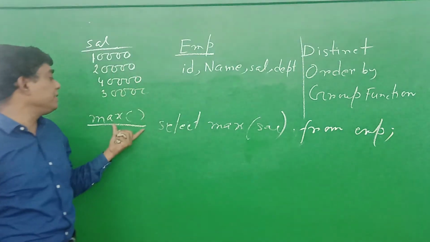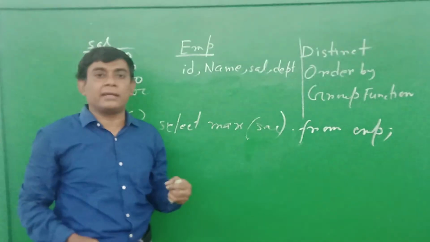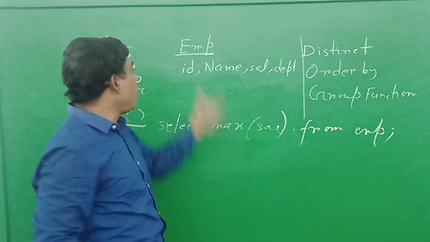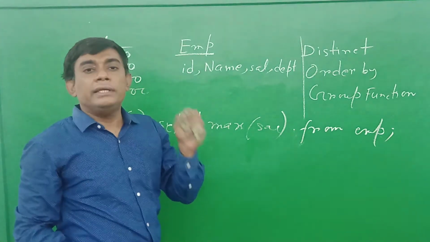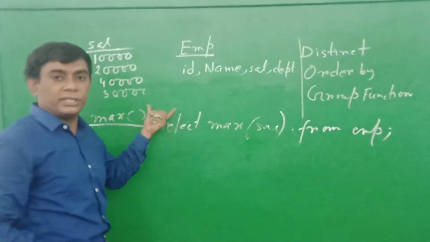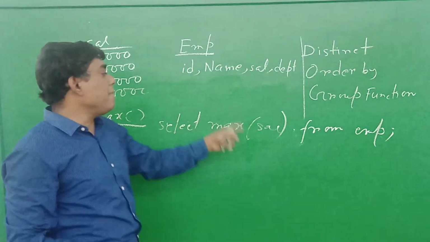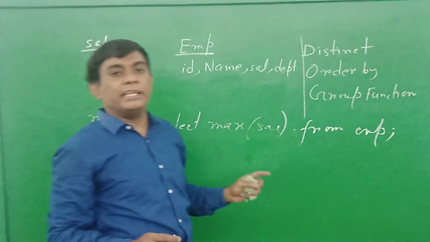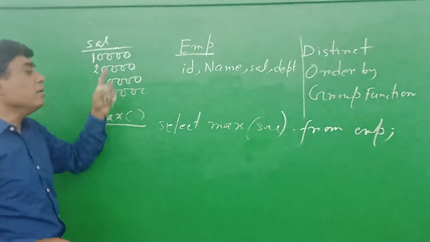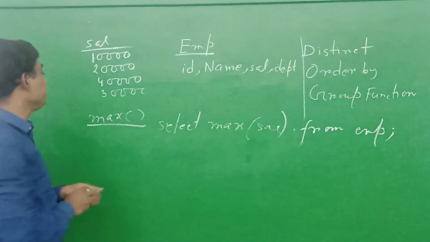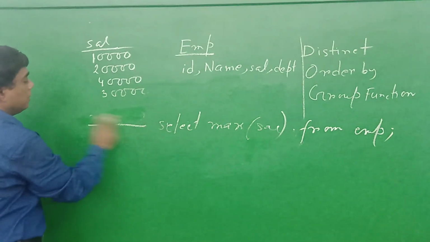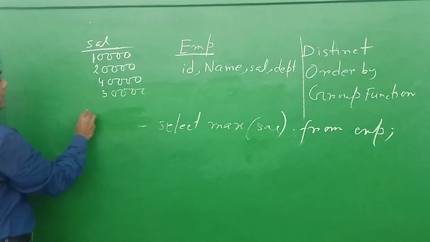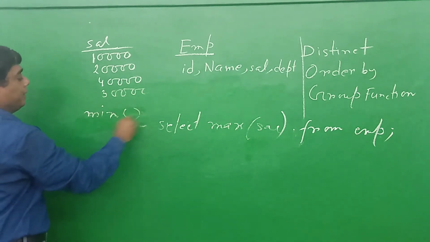What is max function? If you want to extract the maximum value from any column, then this is known as max function. If you write select max sal from EMP, then it will display the maximum salary from the EMP table. Next function is min.